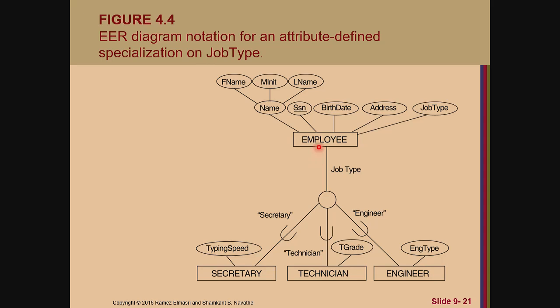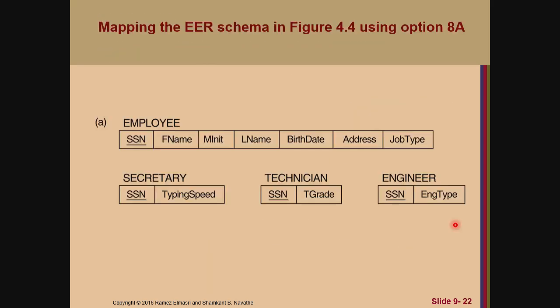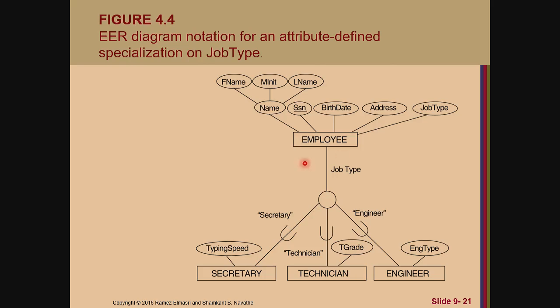So this one is specialization using job type. From option A, we have the superclass information. For the superclass employee, here is the generalized one, we have first name, middle name, and last name, and SSN is the key.